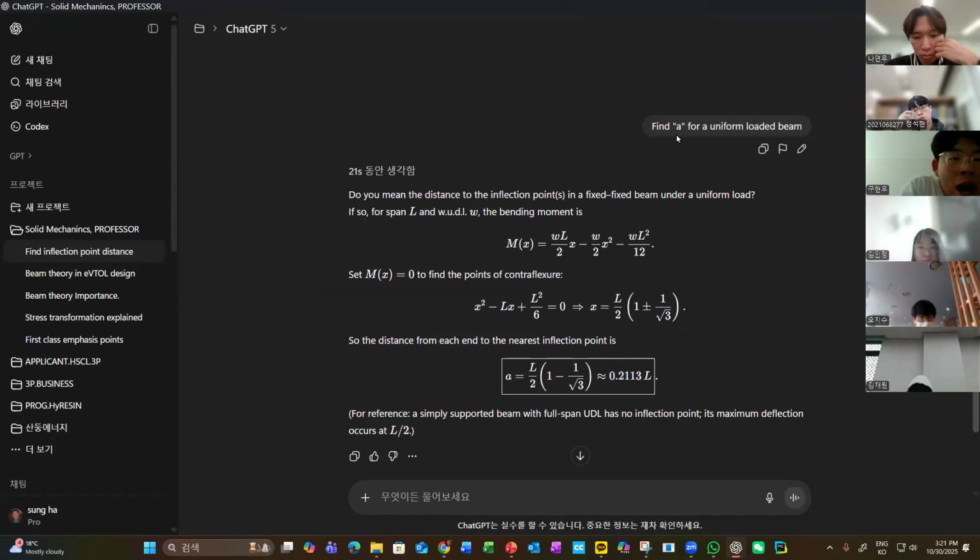I just mentioned find the A for a uniform loaded beam, and then it gives something like, do you mean the distance to the inflection position in a fixed beam, and so on? It tries to formulate and understand by the prompt I gave it, but this is not quite right. But the reason I did this is to give it a chance to get ready.